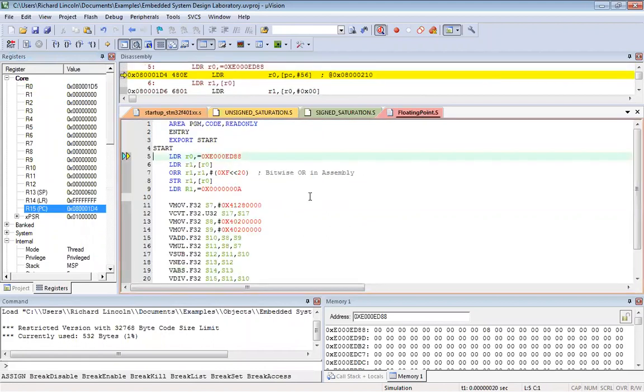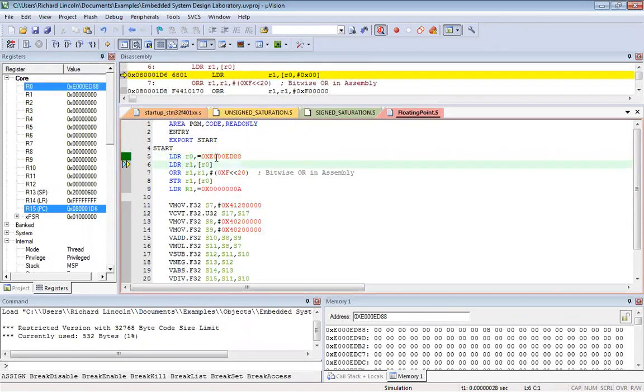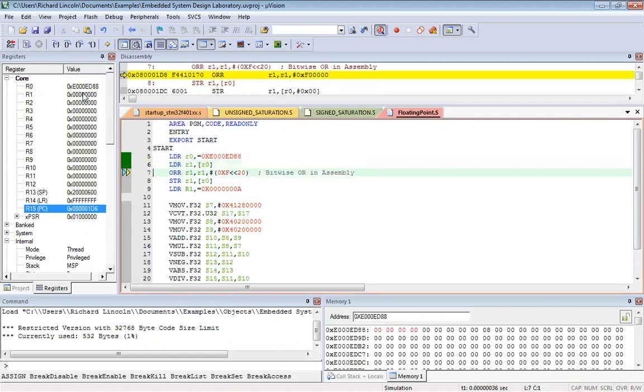So we start. Initially, we're going to deal with the core registers. So in R0, the value is going to be moved, and whatever is in R1 is moved to R0.